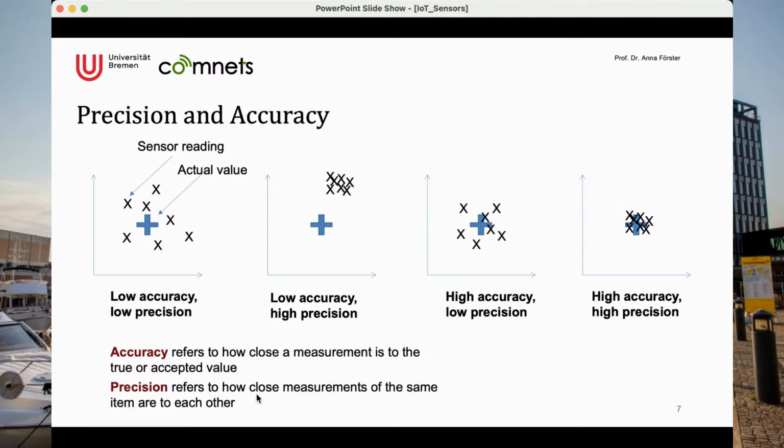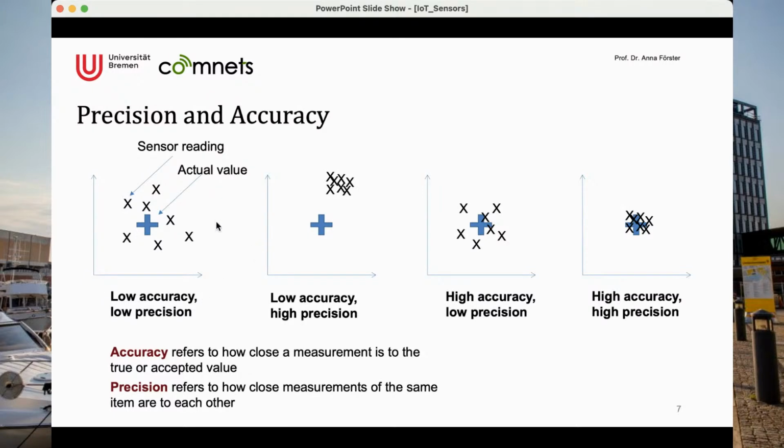Precision, however, is how close many different individual measurements will be to each other. So if I measure my position with a GPS many different times, and it is always around 10 meters apart from me in one direction, then the precision is actually pretty good, but the accuracy is bad.